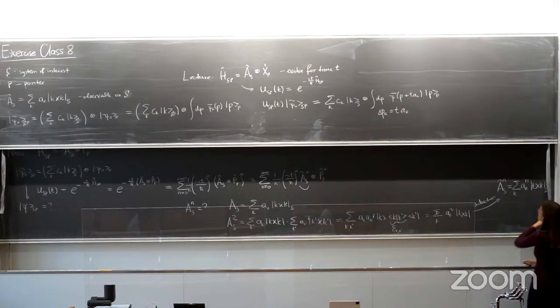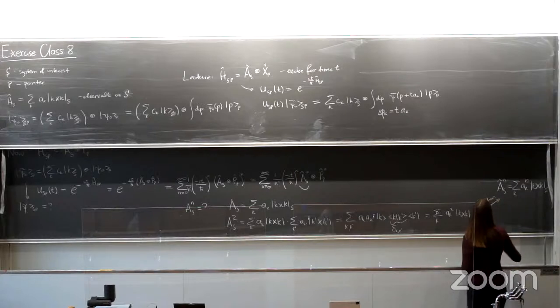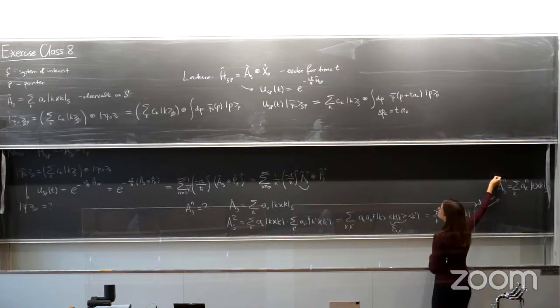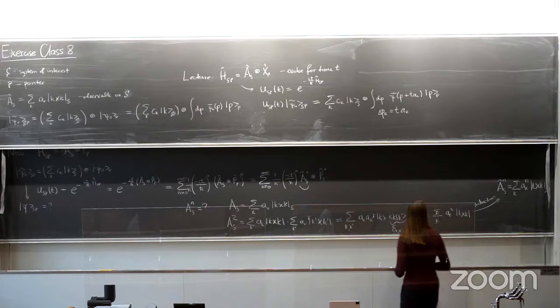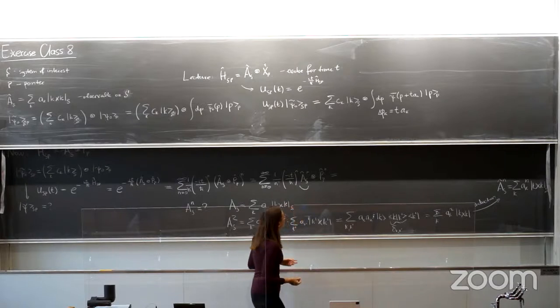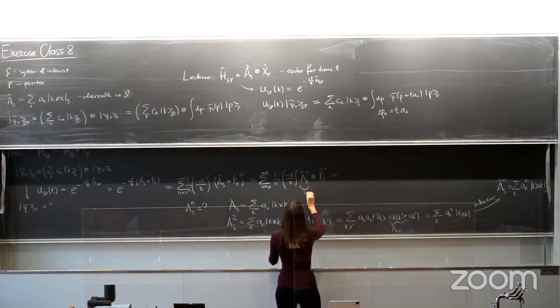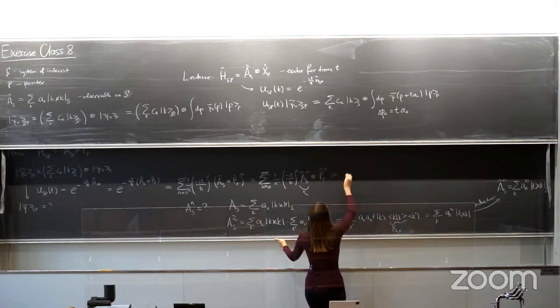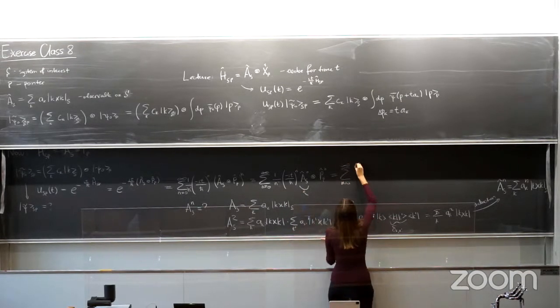Okay, so we got this representation of the operator to the power n. So now let us plug this in here. So we're going to have the sum over n.